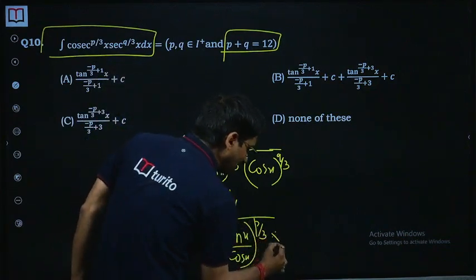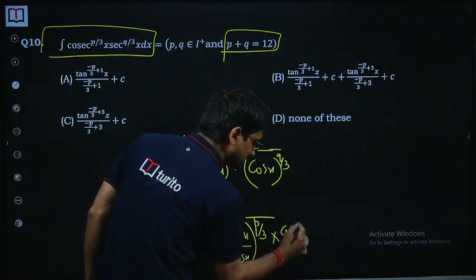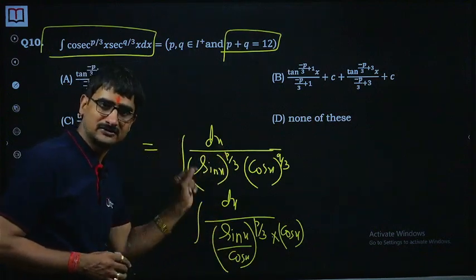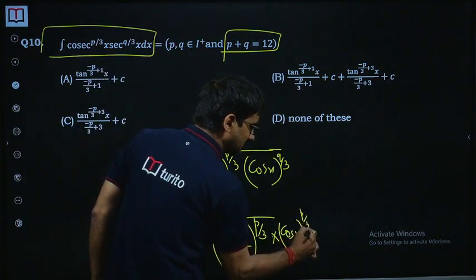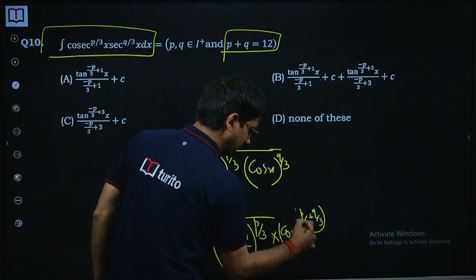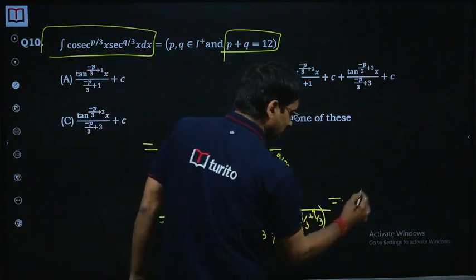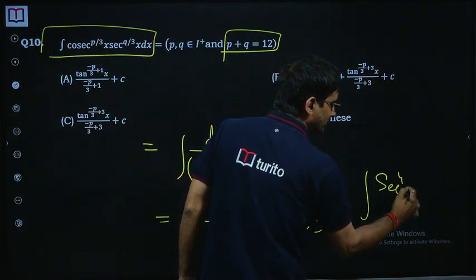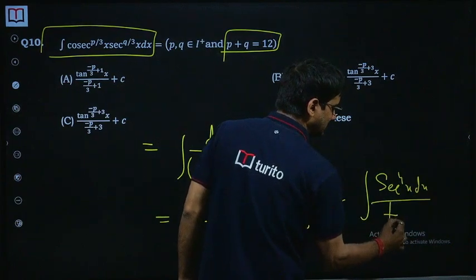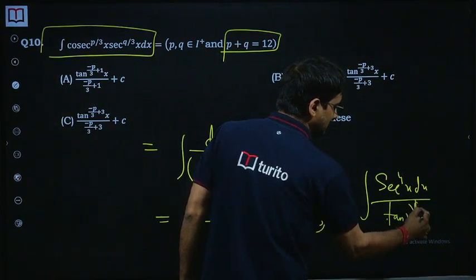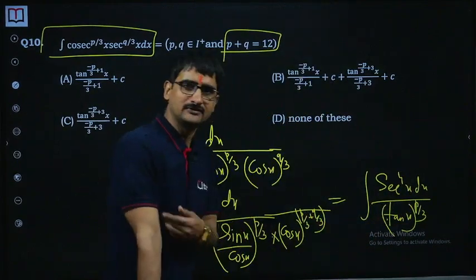And what will happen? As a consequence, the power of cos x will add up, which will be p by 3 plus q by 3, which is nothing but 4 here. So this is sec raised to the power 4 x dx upon tan x raised to the power p by 3. Tan x is t.